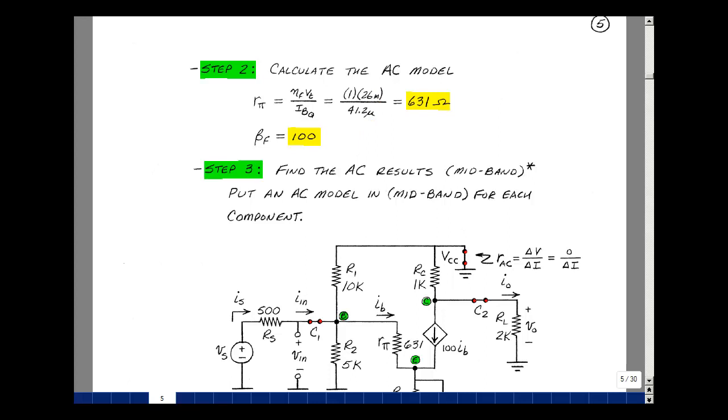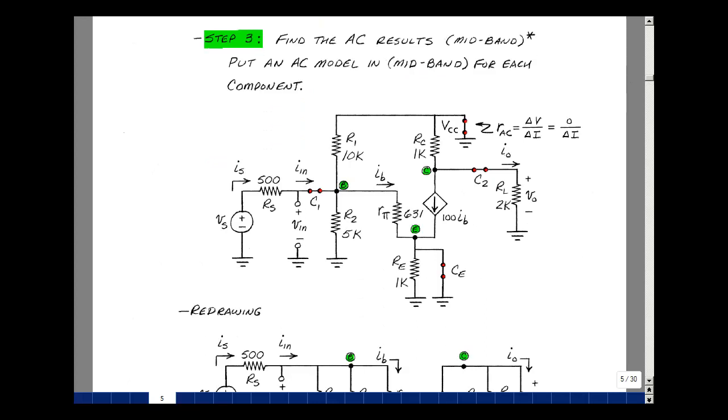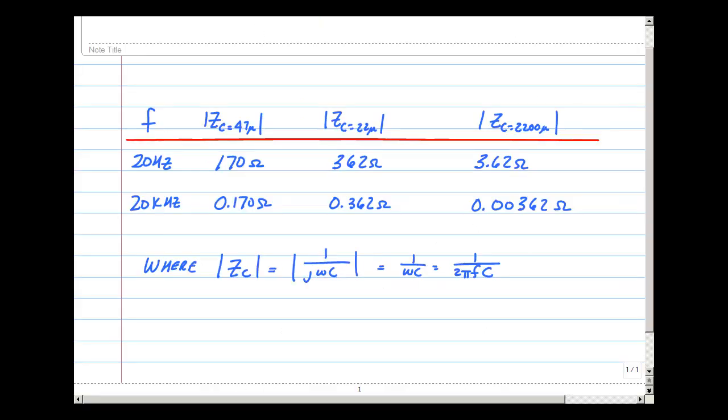Step 3 in our procedure is to put an AC model in for each component. I'm going to do this under a set of conditions which are called mid-band. In this particular circuit, we have 3 capacitors, and I did some rough calculations at different frequencies. We have a 47 microfarad capacitor, a 22 microfarad, and a 2200 microfarad capacitor.